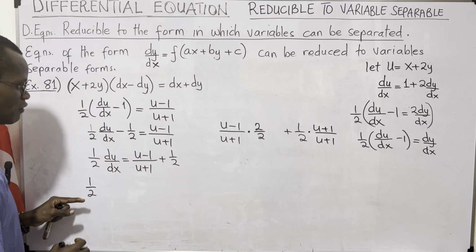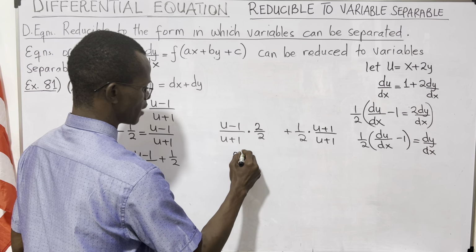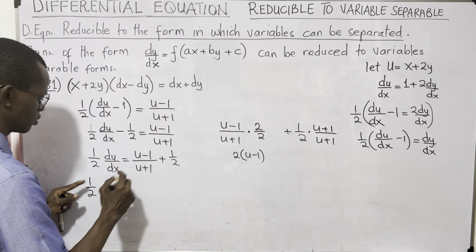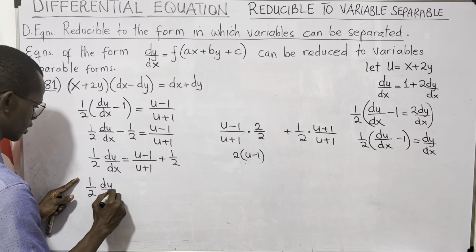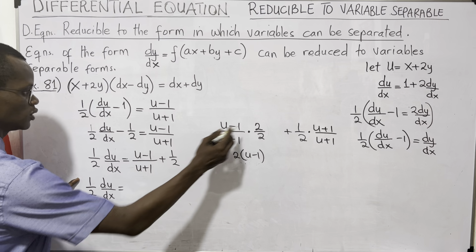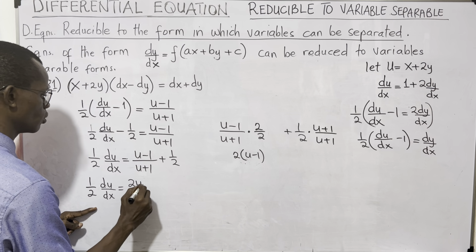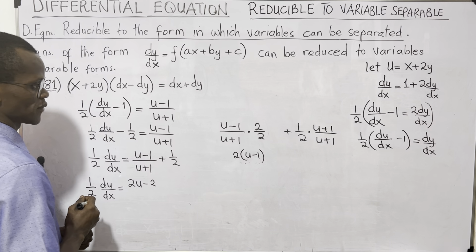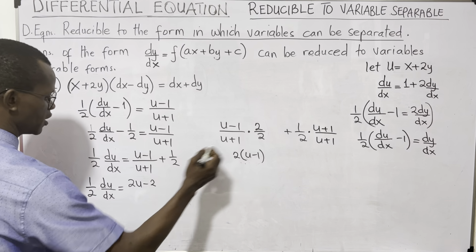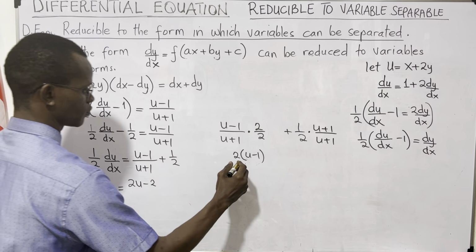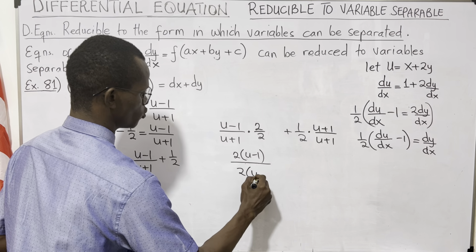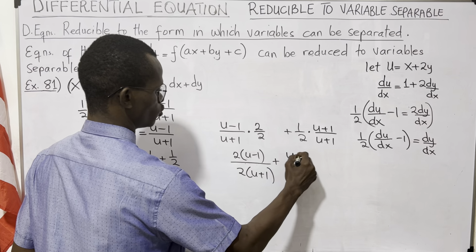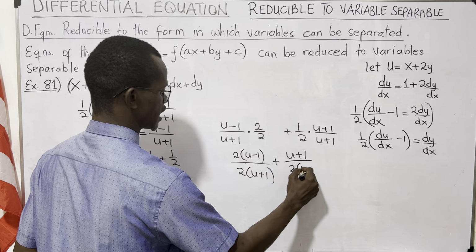So now we're going to have 2 times u minus 1, that is, we just multiply. So this gives us 2u minus 2. And the denominator now is just 2 times u plus 1. We'll do the same on this side, u plus 1 all over 2 times u plus 1.